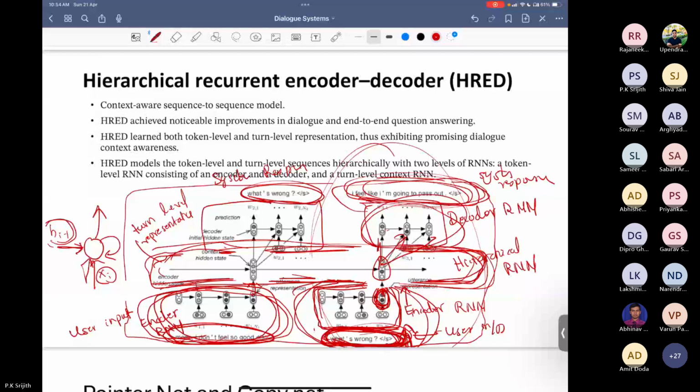Well, it might not be required, but perhaps your model might also end up learning during training that there is not much dependence on the previous hidden representations, therefore the weight that connects the current hidden representation to the previous hidden representation would also be low. But if you think that every user input is not related to the previous user input, you may not need a hierarchical model, but a simple encoder decoder model is sufficient.